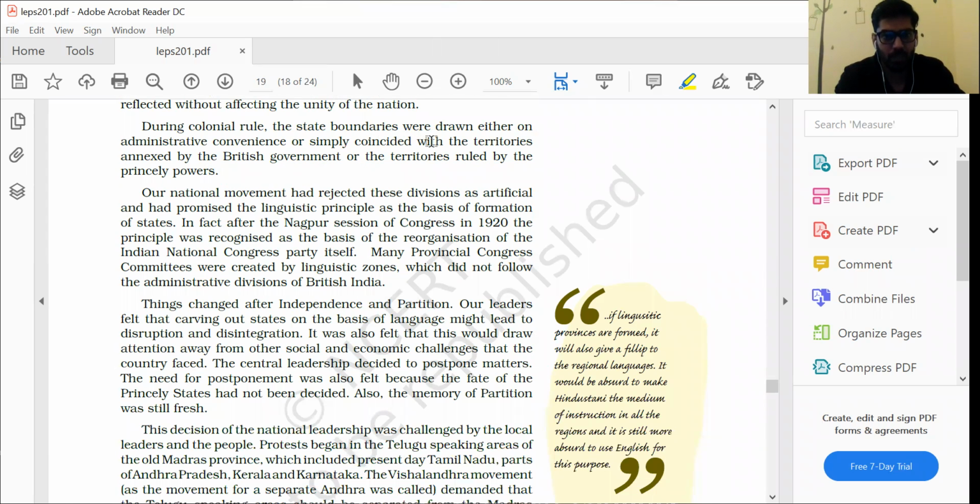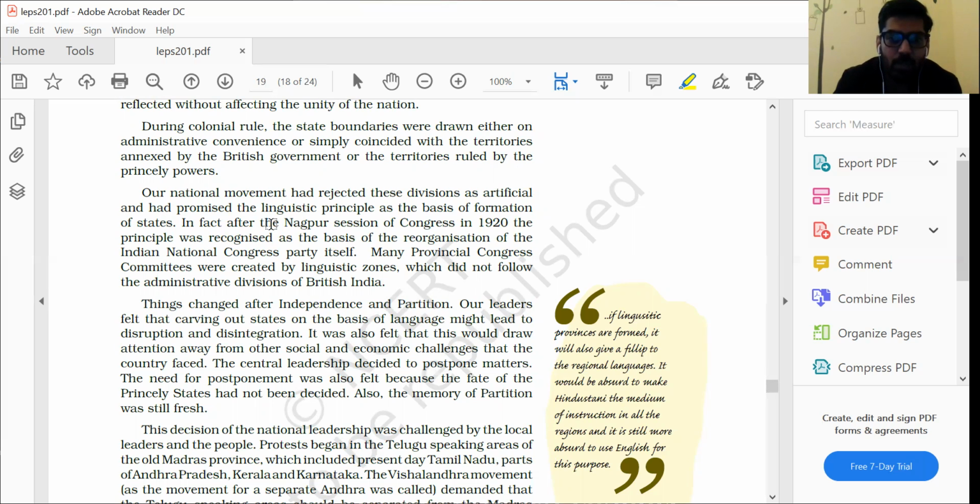So actually, during British time, the state boundaries were drawn either on administrative convenience or simply the way the British wanted. They had no regard for what Indians wished. So now that India is free, there has to be some consideration.